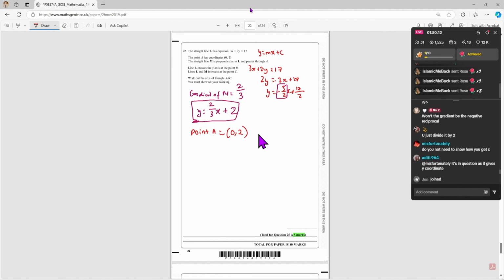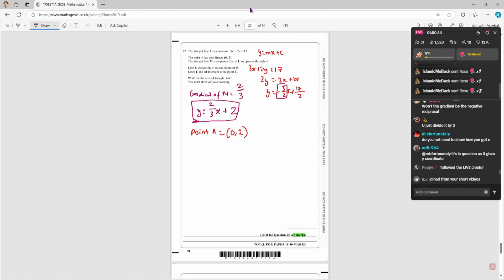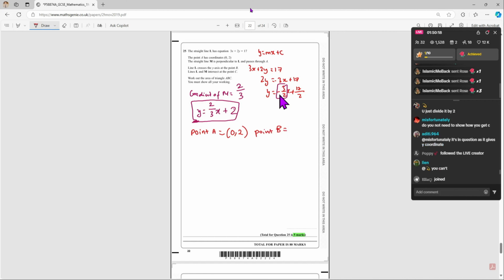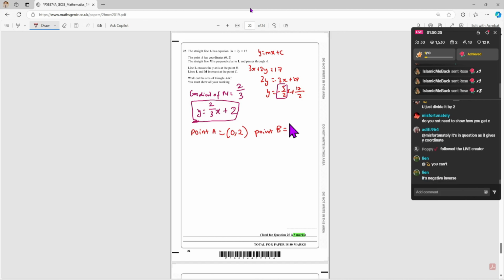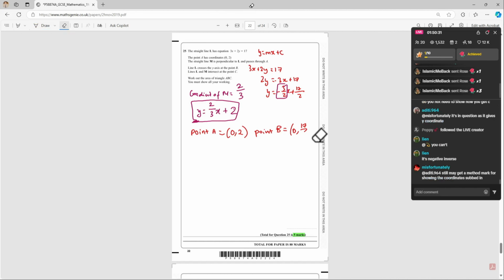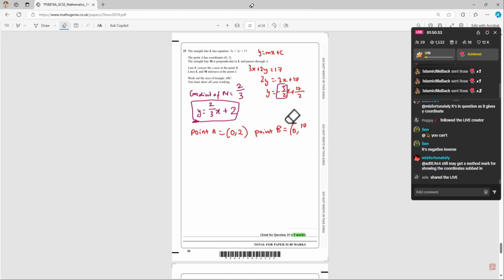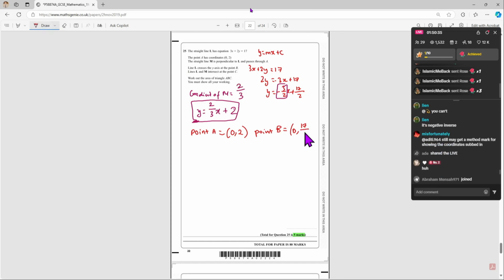Line L crosses at point B, and point B is going to be the y-intercept of line L, which is 17/2. So (0, 17/2) is going to be the coordinates of our point B. Okay?